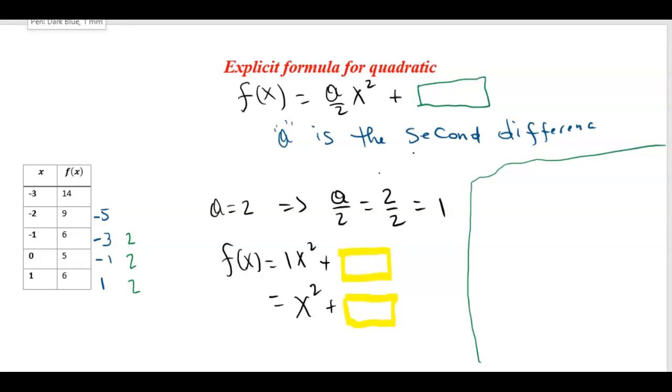So I'm going to go here on the table. If x is equal to -3, which means if I plug in -3 for x, would I get 14? So let's check.